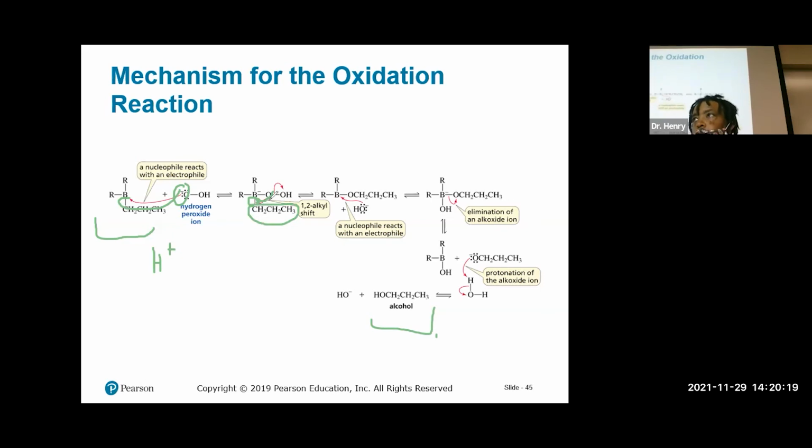It's going to get that shift. Then the electrons on the oxygen are going to be transferred over here, right? So then we're going to get the formation of the hydroxide ion, because it's giving up those electrons. That's the first part.